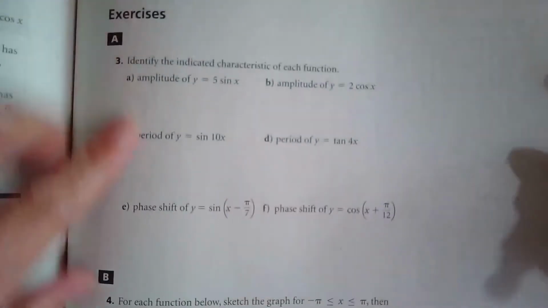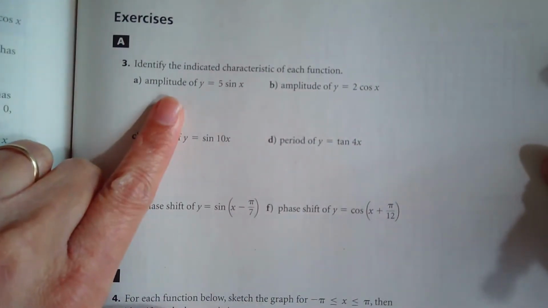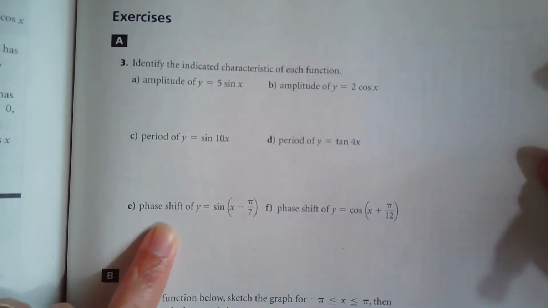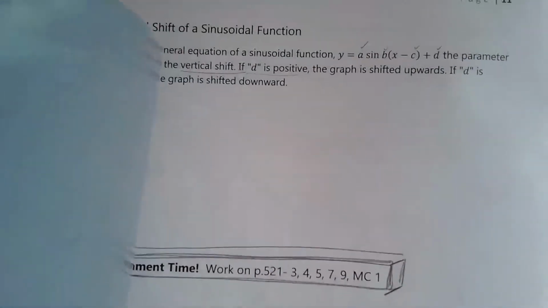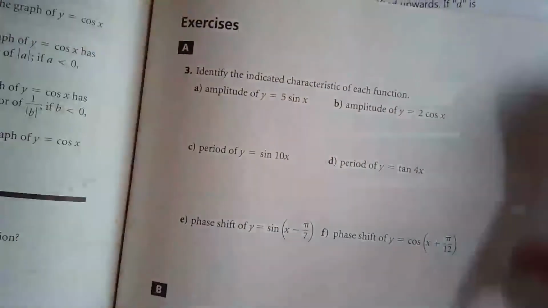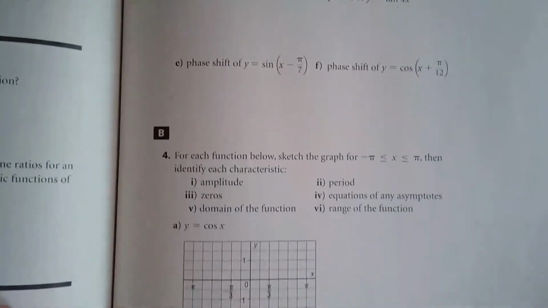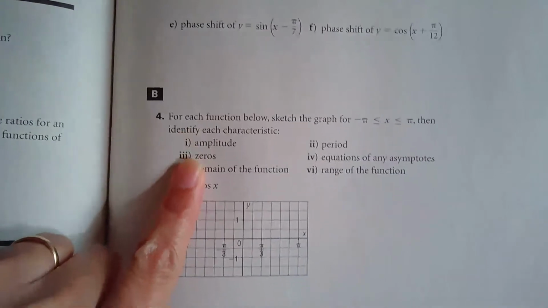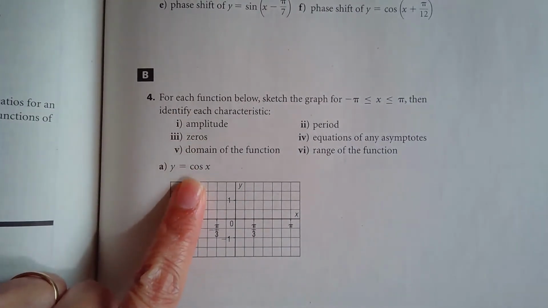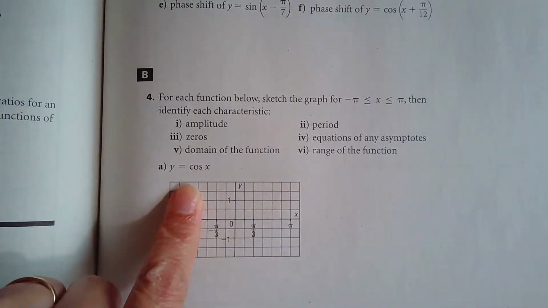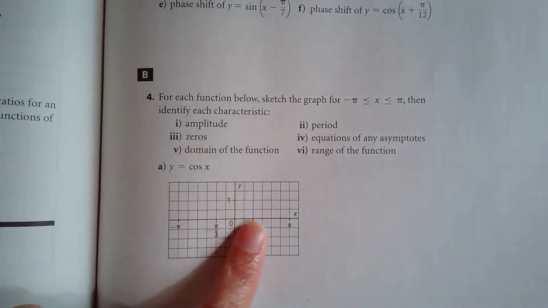So this one here: identify the amplitude, the period, the phase shift. For question number 4, for each of the following, cos of x. We've already seen this. You can graph it here and then figure out the characteristics.